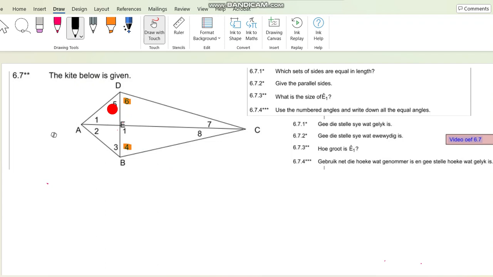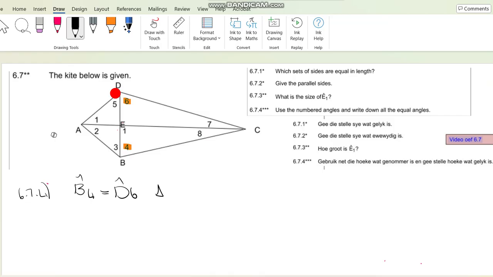My answer would be angle B4 equals D6, because, remember when I said that you're going to have shapes inside of shapes? That's what's going to happen here. If you just look at this, you'll see a shape there.